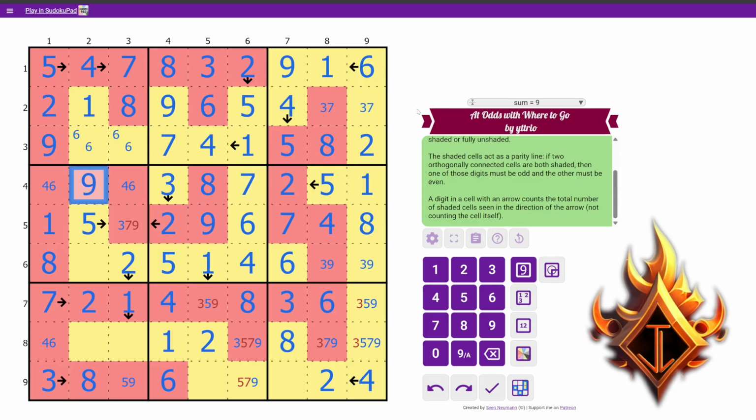Oh, did we do it? Did we do it? That there. 9, 3, 5. That did a massive amount. I may just be filling in Sudoku digits now. I believe I will be.